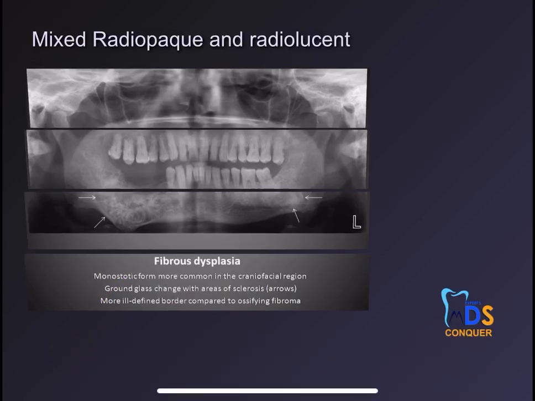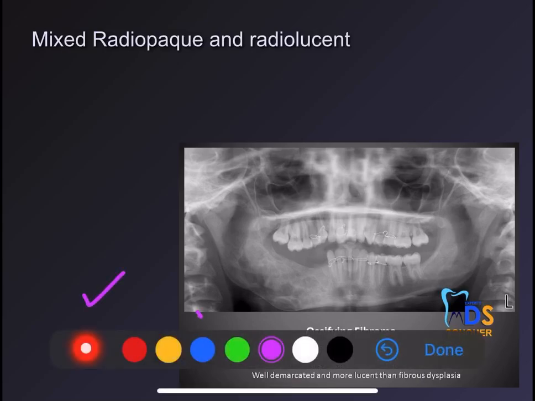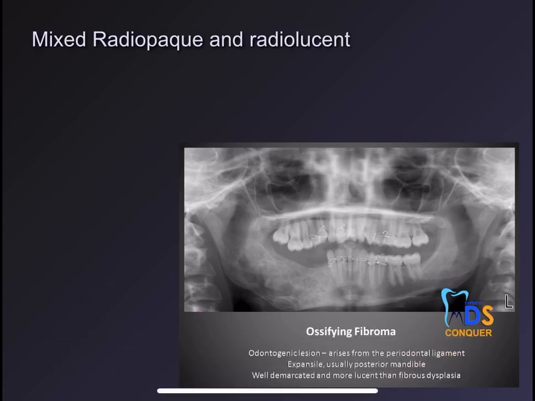Okay. So next, if you see the ossifying fibroma, the borders appear to be a little well defined, right, and it shows an expansile lesion and it is well demarcated and it is more lucent when compared to the fibrous dysplasia.